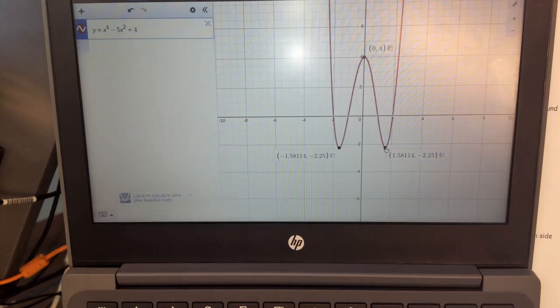Or if you want to do it on your graphing calculator, you just have to go to second, hit the trace button, and find the minima.